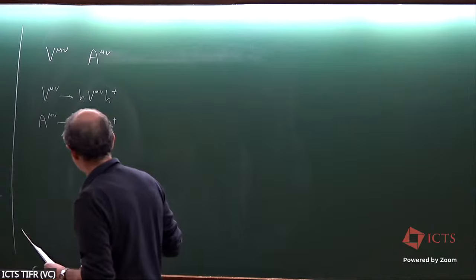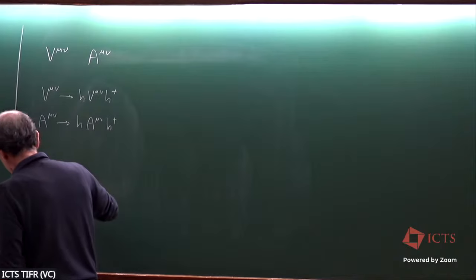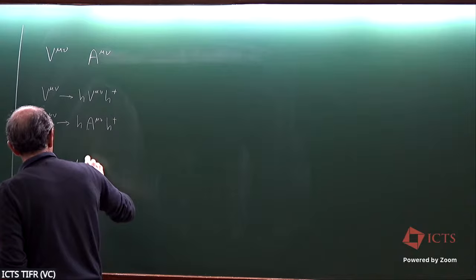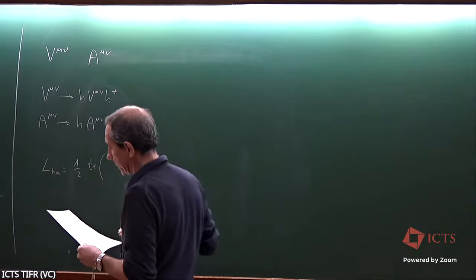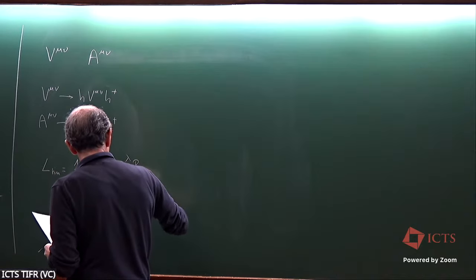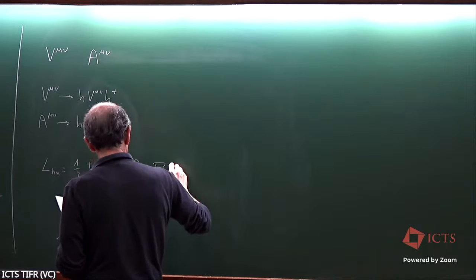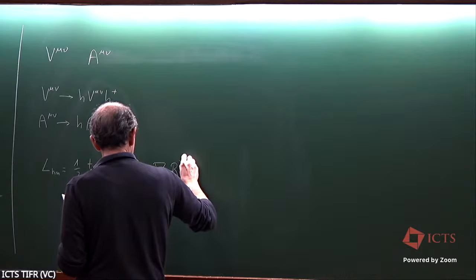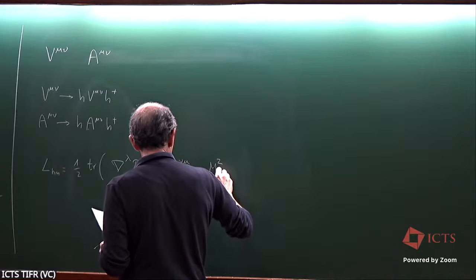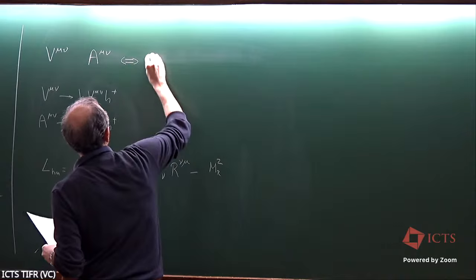Let's first look at the Lagrangian for this field. First, the kinetic term of the Lagrangian. For the kinetic term, I use the derivative acting on this object, and collectively I call them R mu.